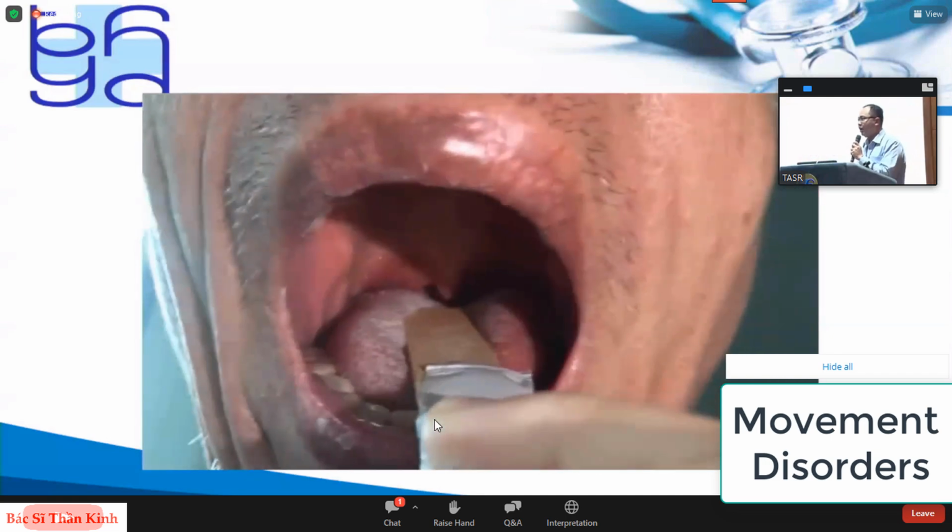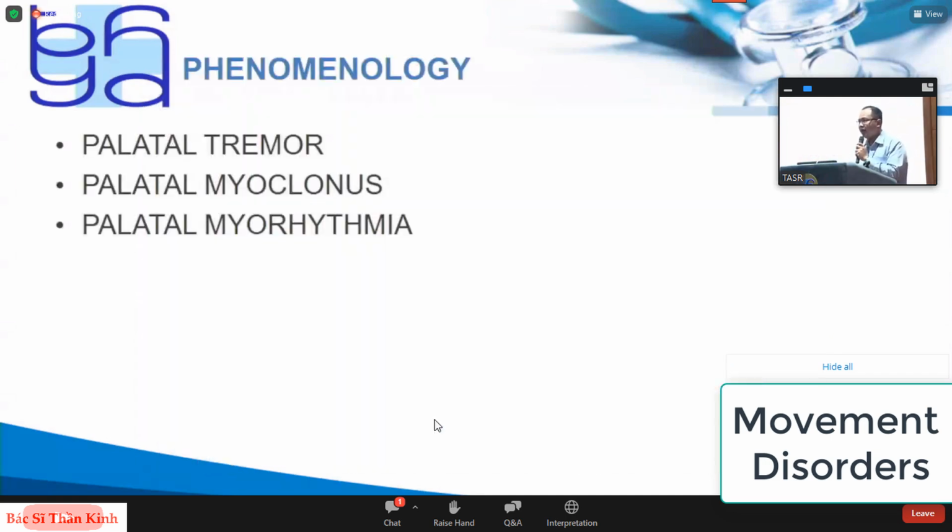But in the 2017 classification of the MDS, the phenomenology was palatal tremor, while some other authors use palatal myoclonus, because only one muscle is activated in this condition.